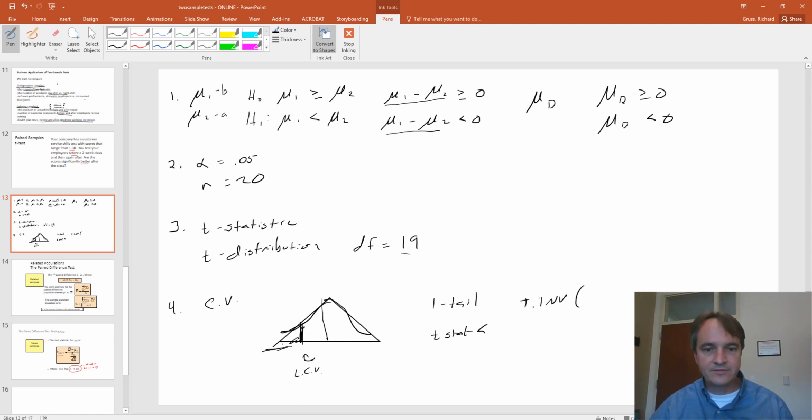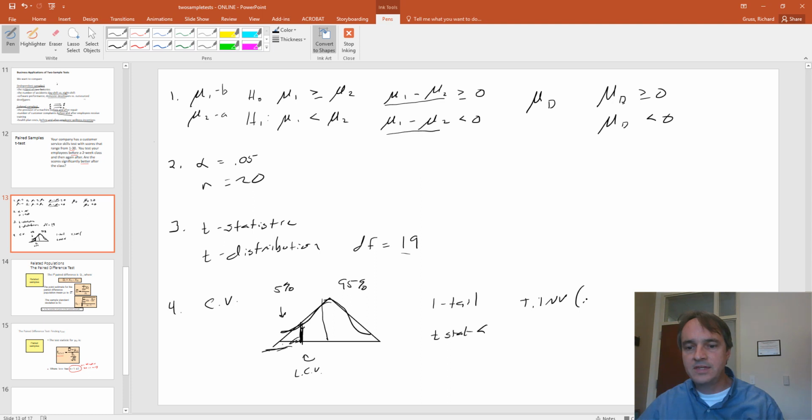We want 95% of the area over here, leaving 5% over here. Because it's a one-tailed test, we don't divide this up and put some area over here. We just stick with 5.